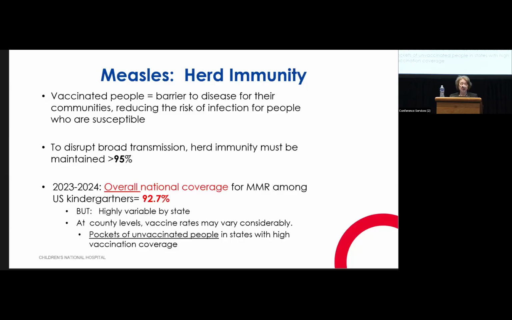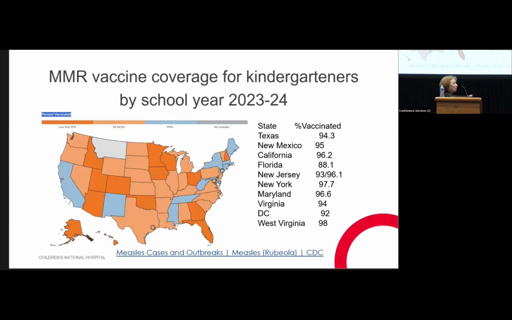Measles vaccination is highly variable by state and by communities. And you can have some states which have a high degree of vaccination, but there may be pockets or communities which are unvaccinated. So I will use my home state of New Jersey as an example. When you look at New Jersey, you can see there's a little blue circle that's in the New York metropolitan region, where about 96% of individuals are vaccinated for measles.